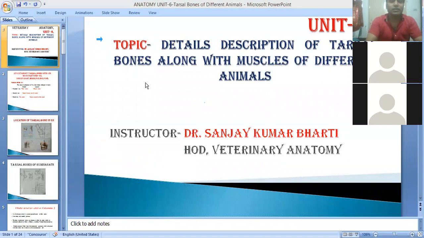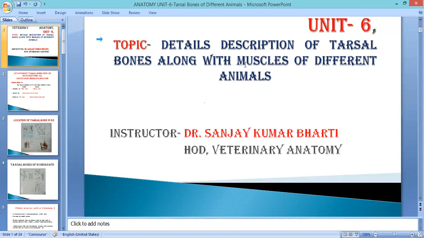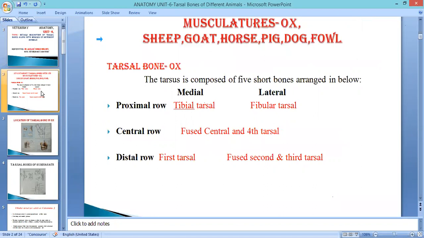It is a small bone located near the hock joint, in between the distal end of the tibia and fibula and the proximal end of the metatarsal. In different domesticated animals, the numbers differ.